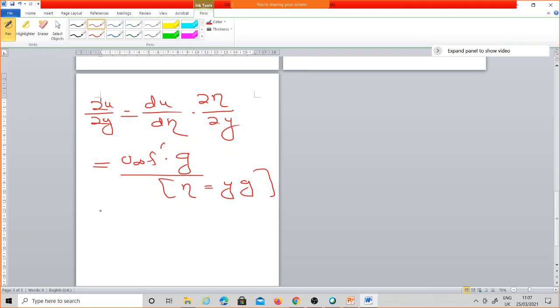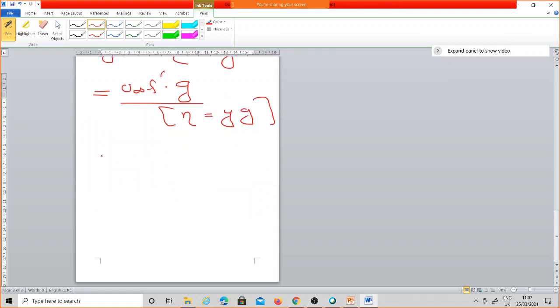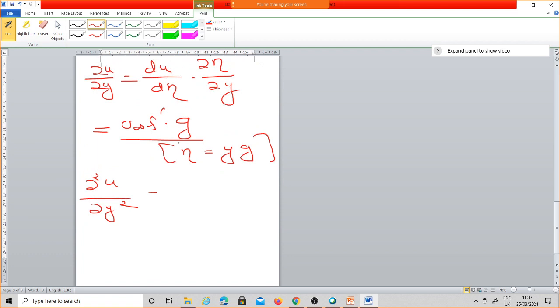Next, you need to find out del square u by del y square. So it means that you have to consider the derivative of the above function, this one. So in this case, it means del by del y of u infinity f prime g. u infinity is a constant, right?